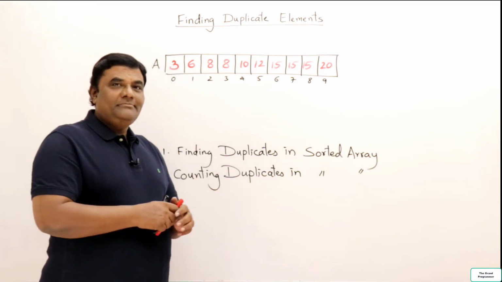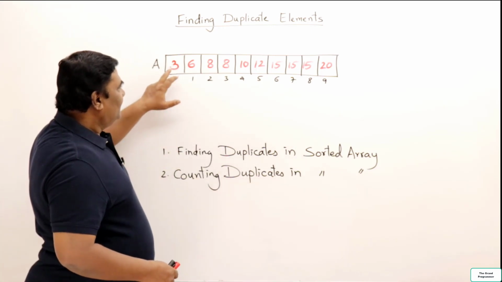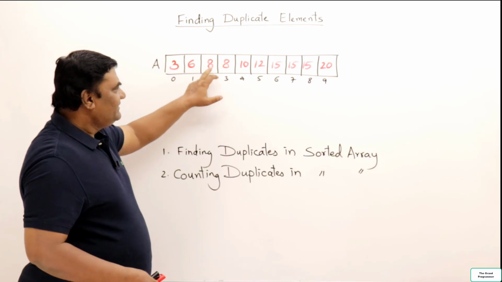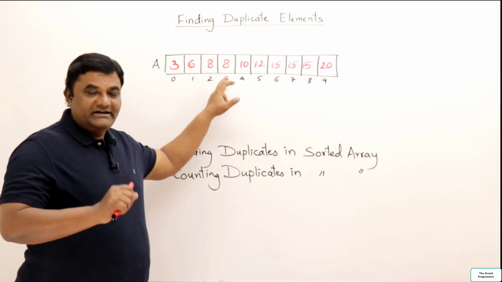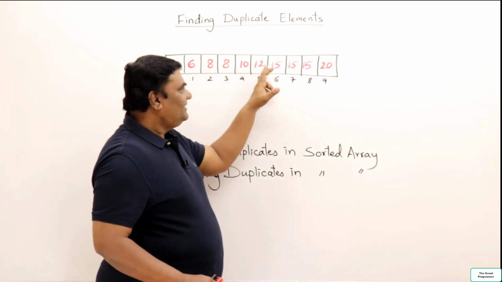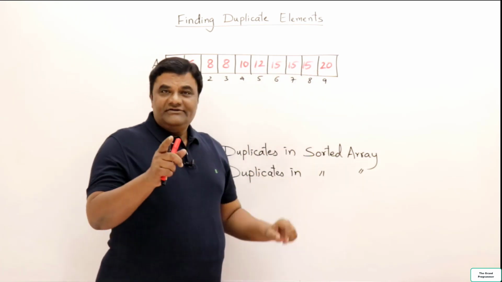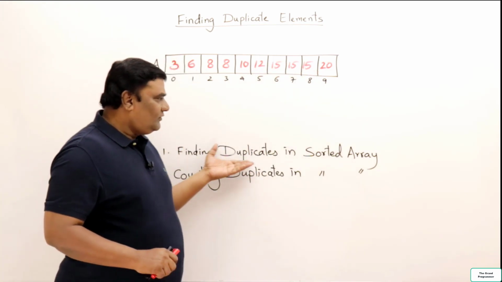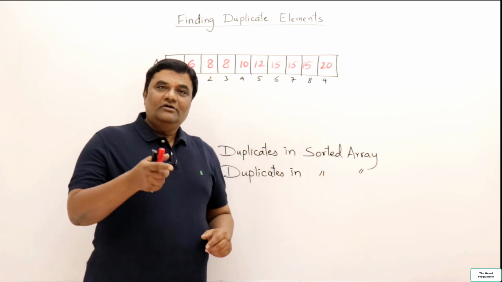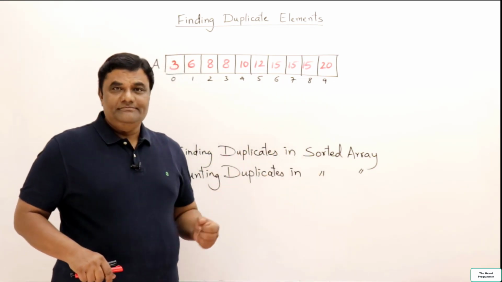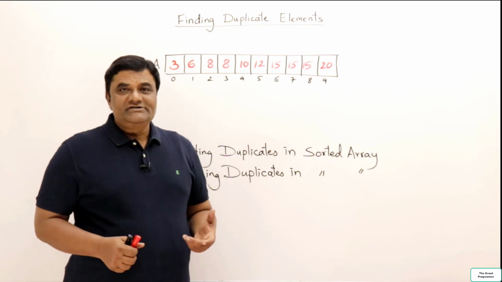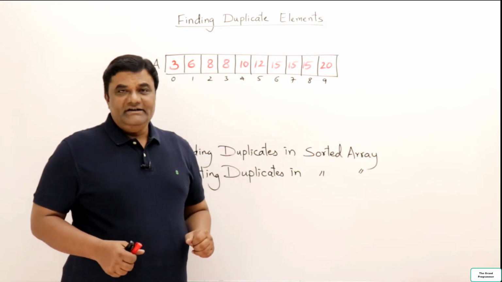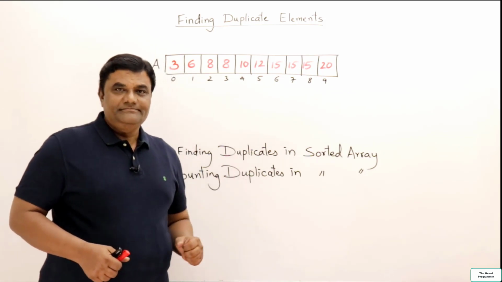If you look at the example I have taken here: 3, 6, 8, 8 is 2 times, 8 is duplicated, and 10, 12, 15, 15, 15, 15 is duplicated, and that is 3 times. First I will show you how to find the duplicates, then I will show you how to count them.